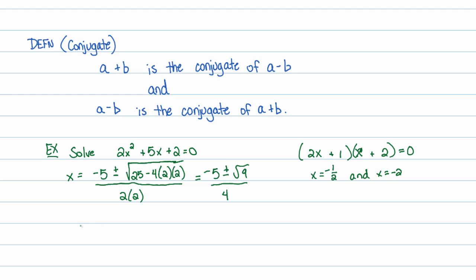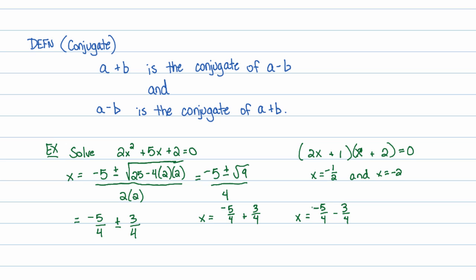And there's a really good way you could write this, as negative 5/4 plus or minus 3/4. Or in other words, you have two solutions. One is negative 5/4 plus 3/4, the other one is negative 5/4 minus 3/4. Notice these are conjugates. This binomial is a conjugate of that binomial. So these are conjugate solutions.